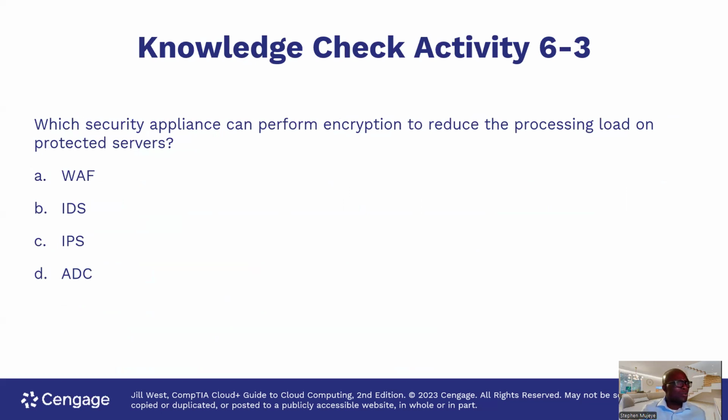So in terms of this section, there is this knowledge check: which security appliance can perform encryption to reduce the processing load on protected servers? Again, the question is, which security appliance can perform encryption to reduce the processing load on protected servers?